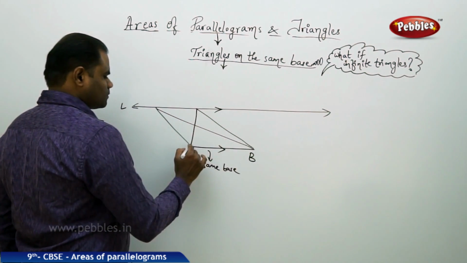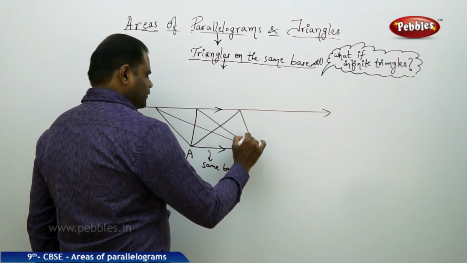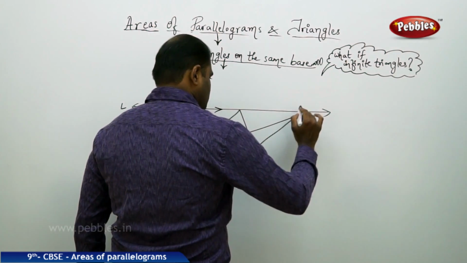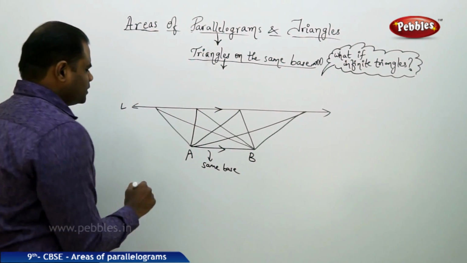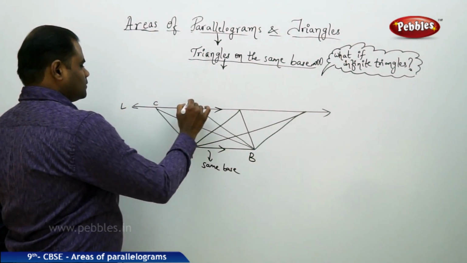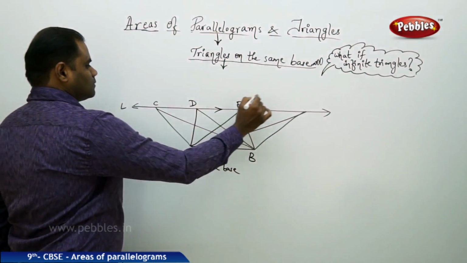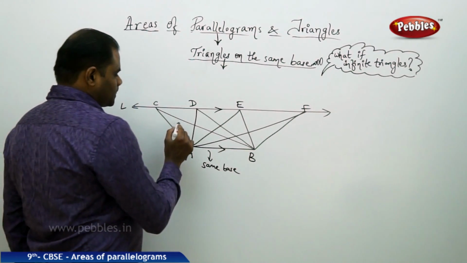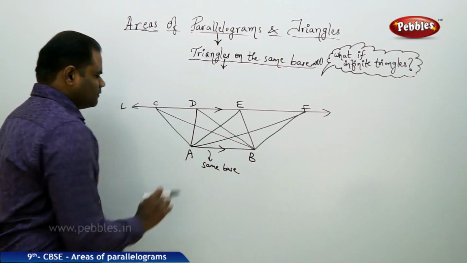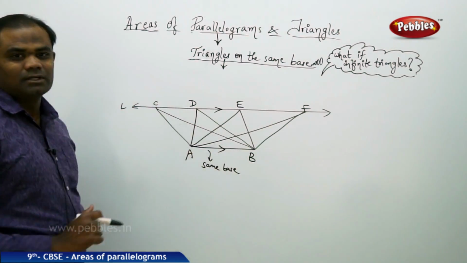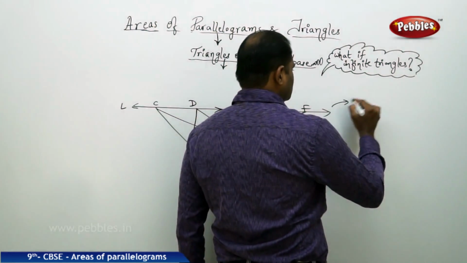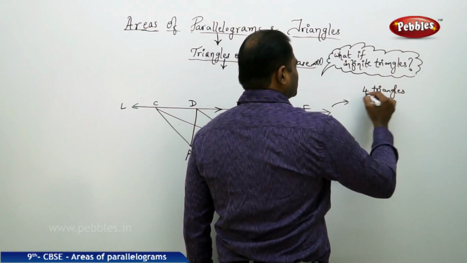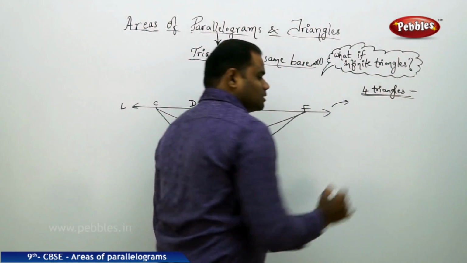Triangle number 2, triangle number 3, triangle number 4. So here I have totally 4 triangles as given by this. The first triangle is ABC, so totally I have 4 triangles which are taken with the same base to be listed out here.